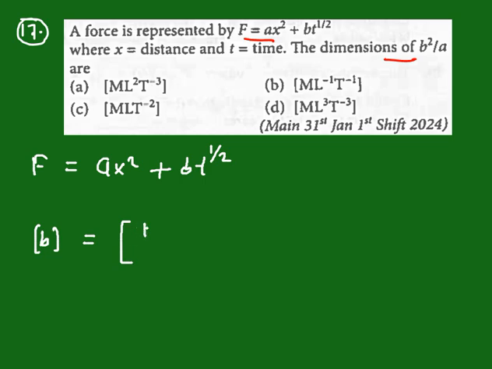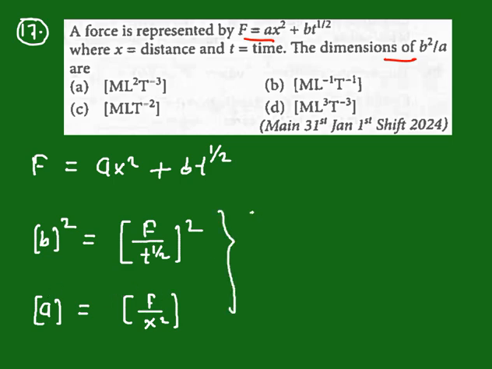So here the dimension of b can be written as f upon t to the power 1 by 2. So the dimension of b square is like this, and dimension of a is f upon x square.